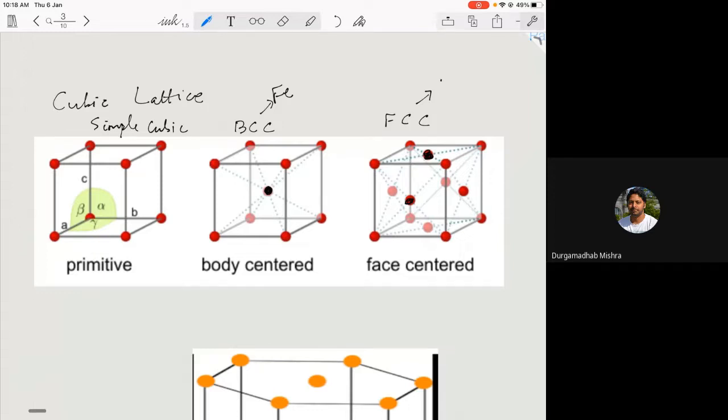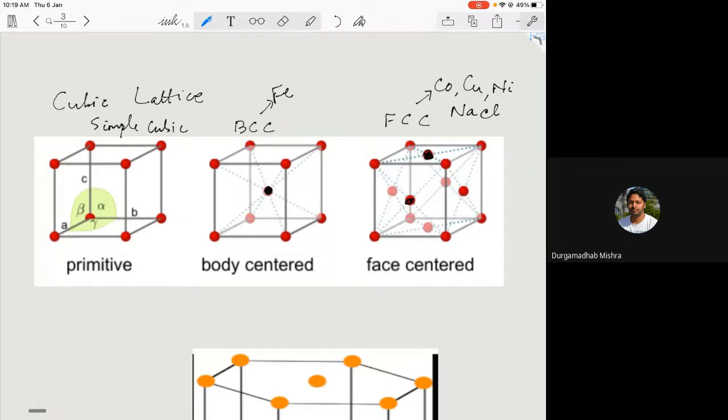So you can have cobalt, then copper, nickel, so these are many examples which are in FCC structure. For example, even sodium chloride. Maybe if you have gone through some solid state physics course, NaCl is a typical example of FCC lattice.